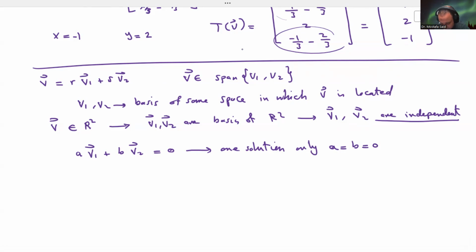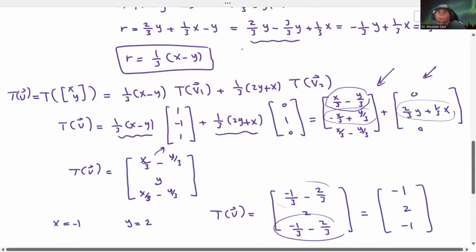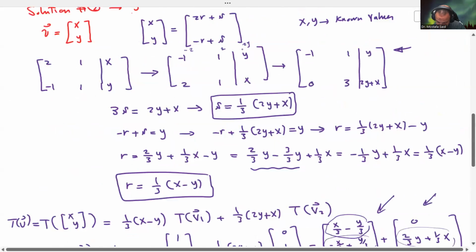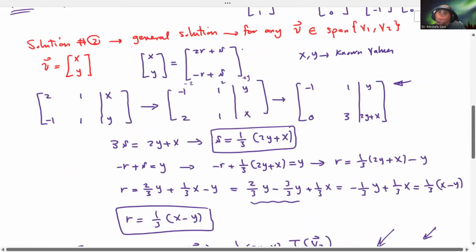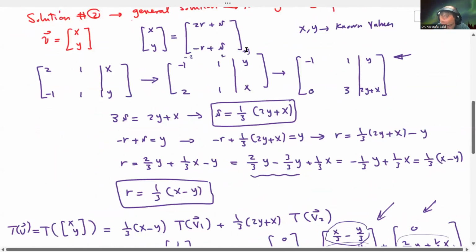Let's prove that. So a, and we have here v1. What is v1? v1 is basically 2, -1, yes.